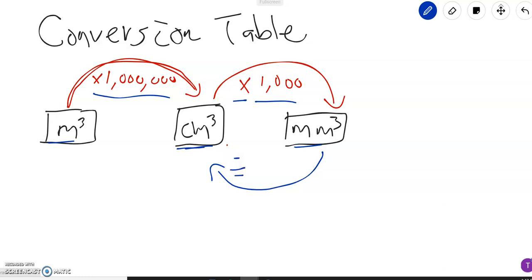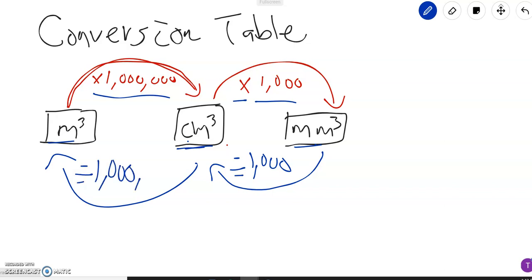So if we go from millimeters to centimeters, you divide by 1,000. And when you go from centimeters to meters for cubic units, you would divide by 1,000,000.